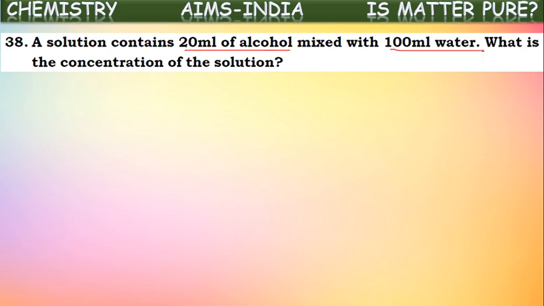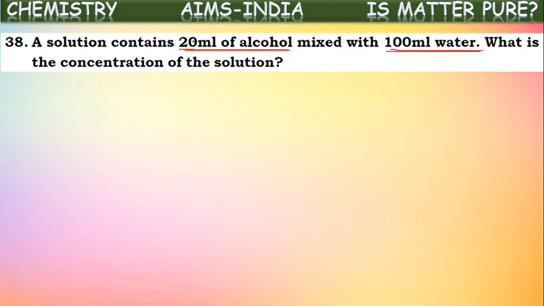If volume is given, then concentration can be calculated by using the formula: concentration of the solution is equal to volume of the solute by volume of solution into 100. So here, what is solute, what is solvent? See, the one with the smaller quantity is solute, the one with the larger quantity is solvent. So alcohol is solute, water is solvent.